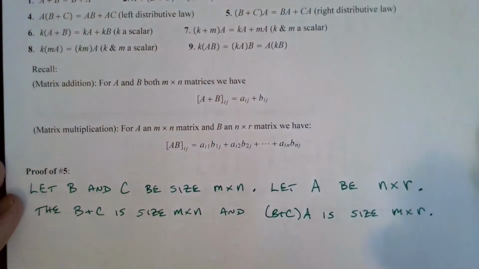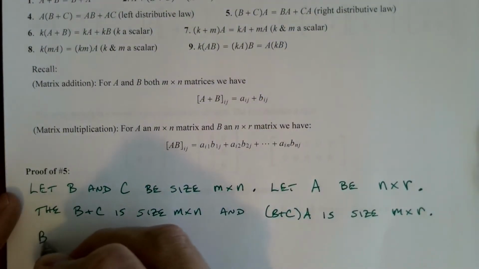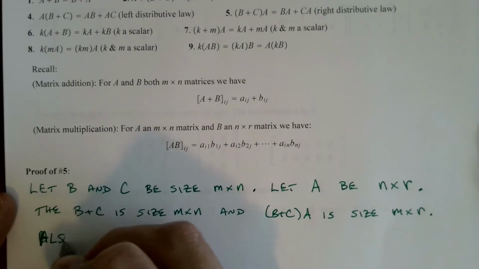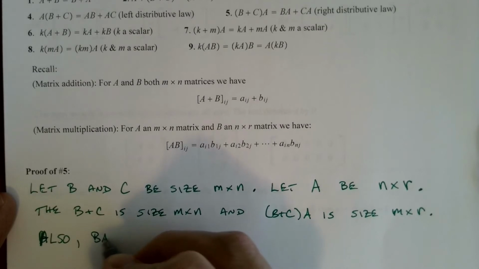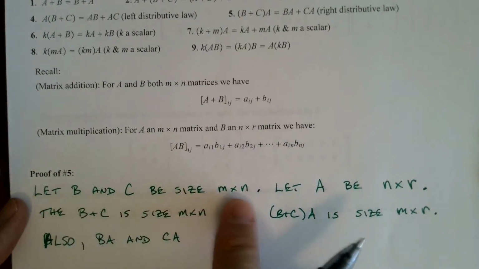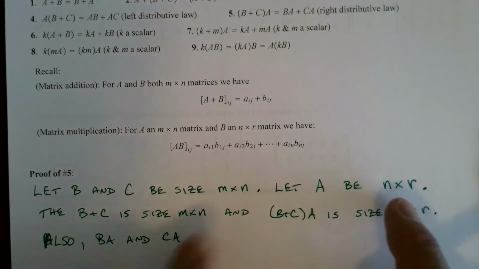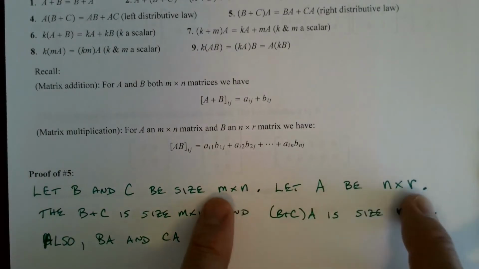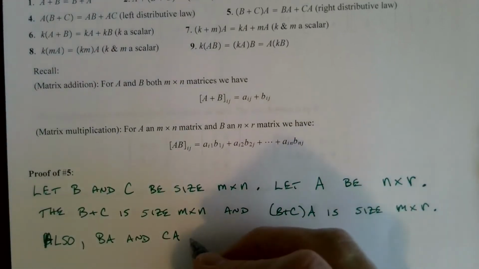What about this side? Well, on the other side, right, BA and CA. Look at those products. Since B and C are both m by n, and A is n by r, again, the inner numbers match. We can do the multiplication, and the resulting size of each of these is m by r.